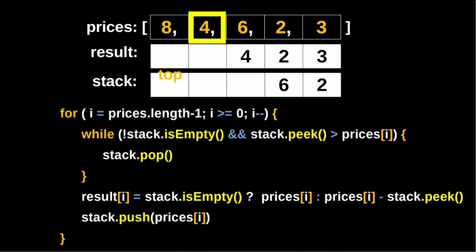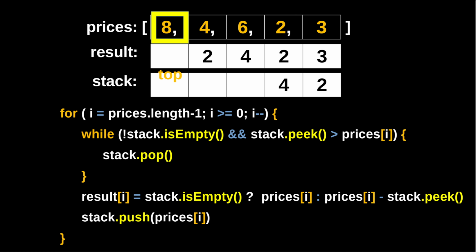And 4 is smaller than the top of the stack, which is 6, so we have to pop items from the stack until the top of the stack is smaller than 4. We pop 6, now 2 is smaller than 4, so we are good. The discount here will be 2, and 4 minus 2 gives us 2 as the result. We'll put the 4 on the stack.